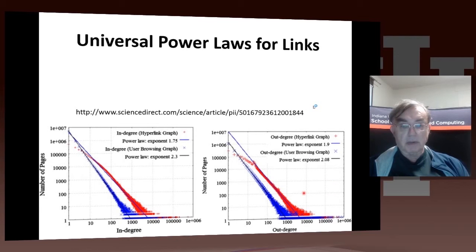That again is quite old data, but I doubt if it's changed drastically. So this just points out that the number of links to the page falls off quite rapidly, but there is a non-trivial number with a high number of links.